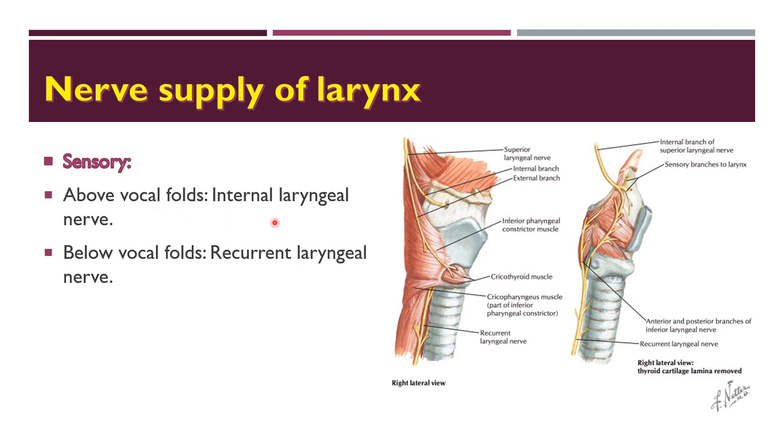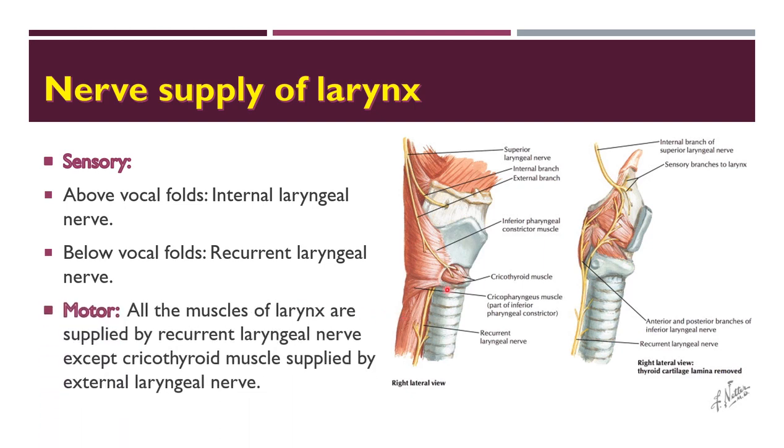The internal laryngeal nerve is a purely sensory nerve, whereas the recurrent laryngeal nerve is a mixed nerve because it contains both sensory and motor fibers. All the muscles of the larynx are supplied by the recurrent laryngeal nerve except the cricothyroid, which is supplied by the external laryngeal nerve.